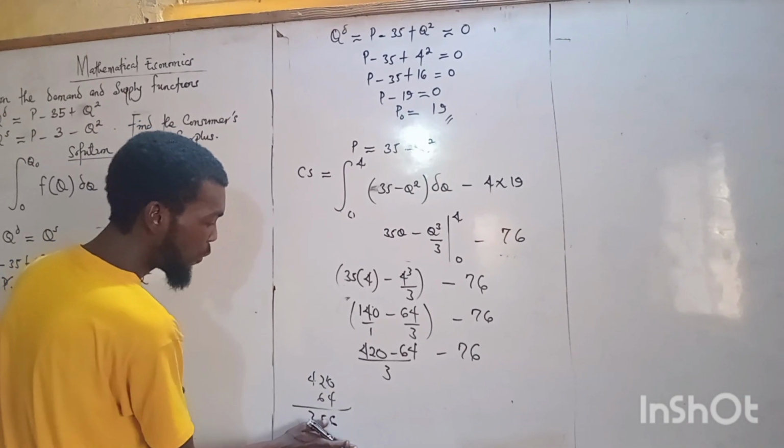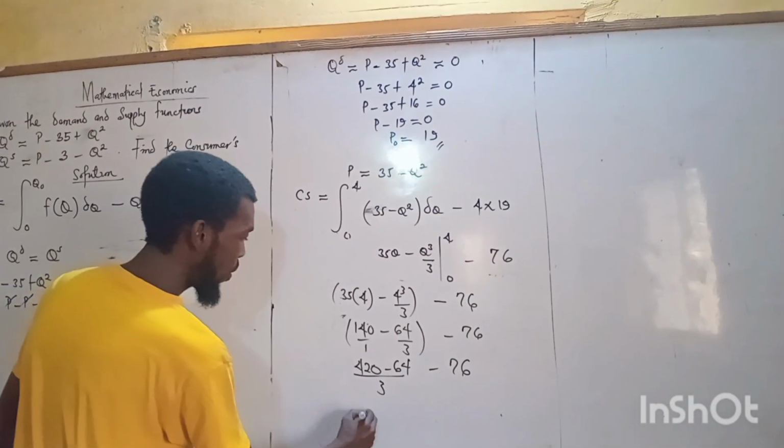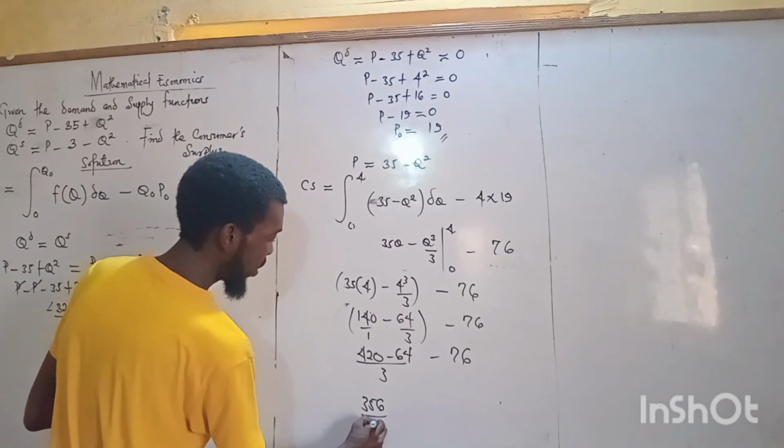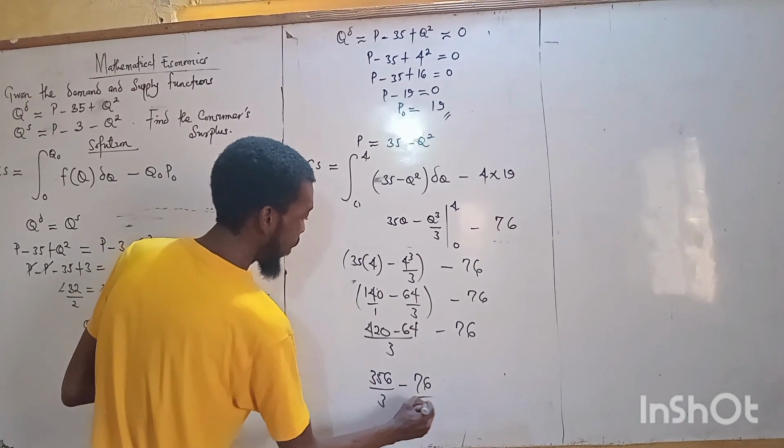That will be 356 over 3 minus 76 over 1.